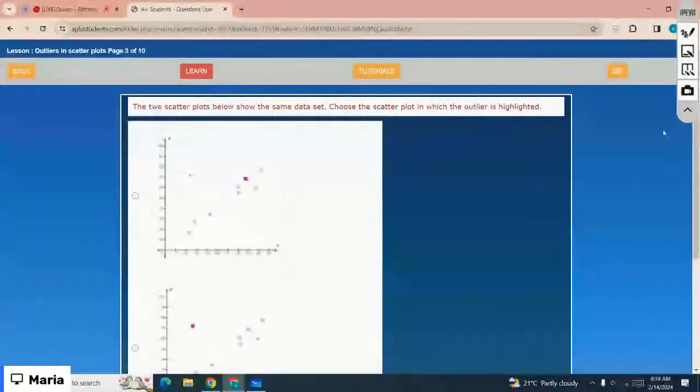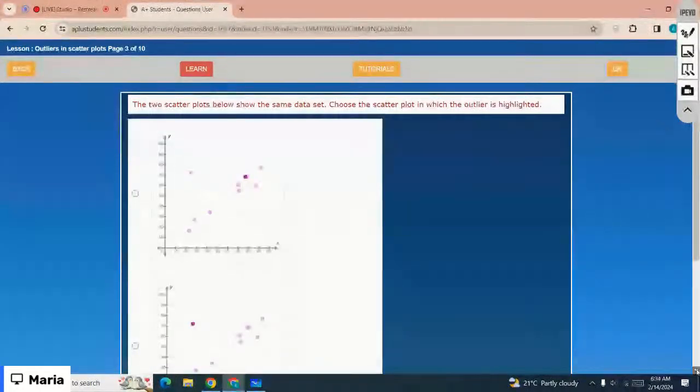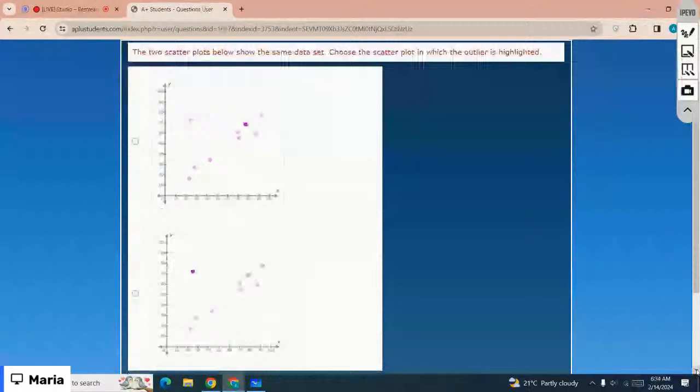Okay. The two scatter plots show the same data set. Choose the scatter plot in which the outlier is highlighted. So, which is the correct option?